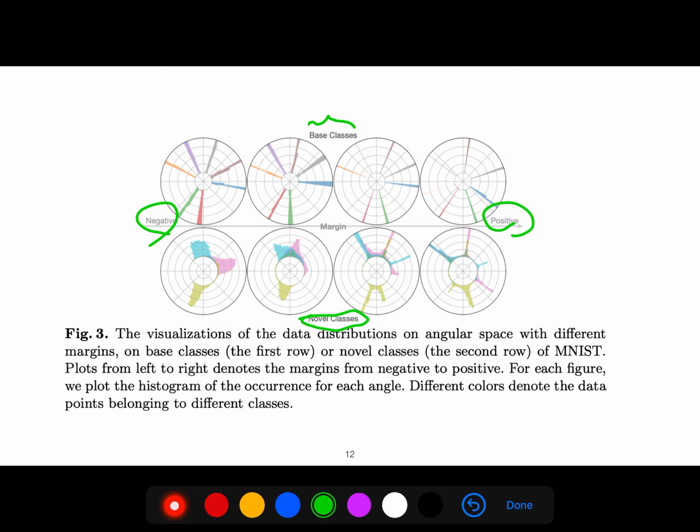This is the visualization of data distribution on angular space with different margins. Okay, so we see that if your margin is negative, you have a better data distribution.